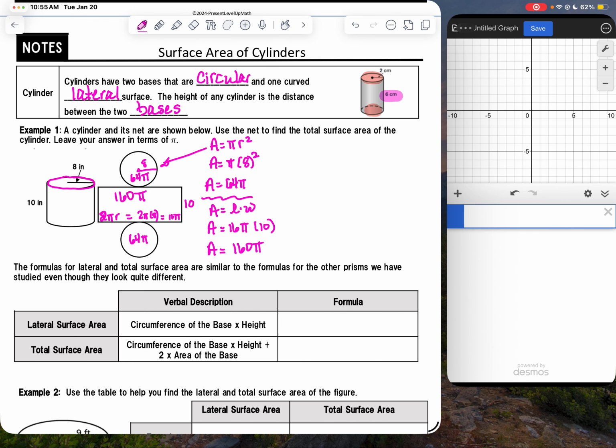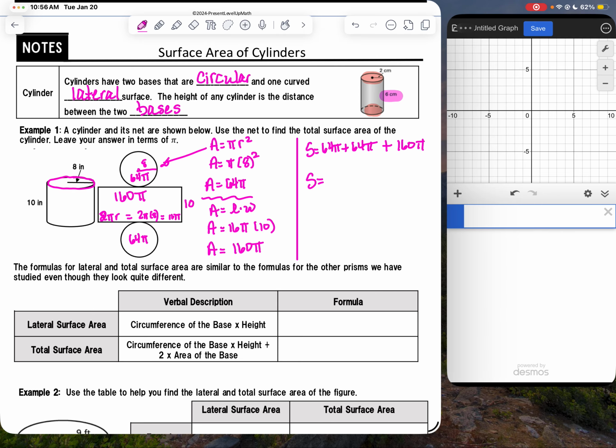So now I have three separate areas, and all I need to do to find the total surface area is add them up. So I have 64 pi plus 64 pi plus 160 pi.